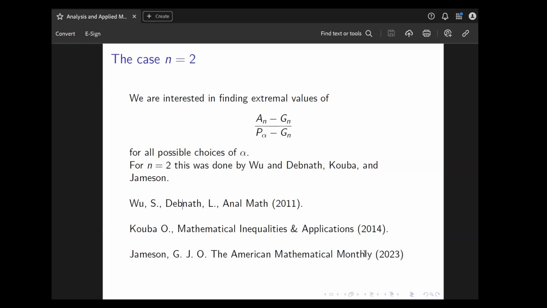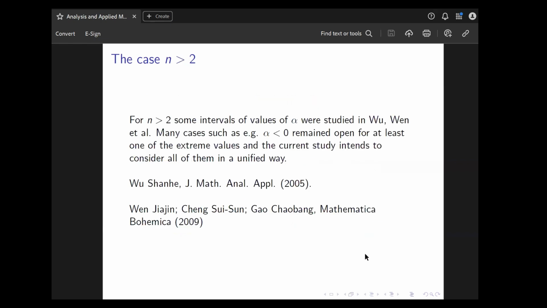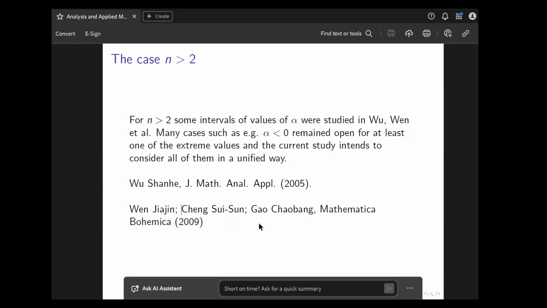I'm trying to do this for other n, for n greater than 2. There are also works in this direction. For n greater than 2, some intervals of values for alpha were studied by Wu and by Wen and his co-authors, which you can see here.